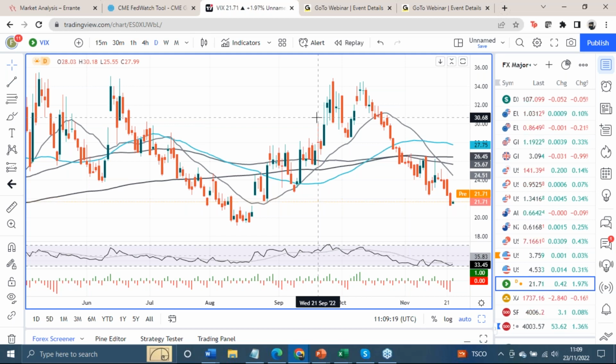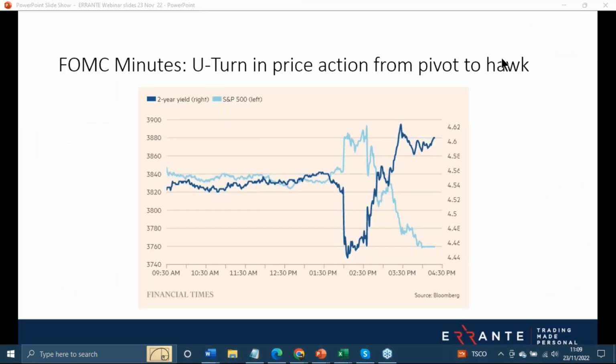As I said, the main event today will be the FOMC minutes. If we pull up this chart here, we can see the price action around that Fed meeting on the 2nd of November. If you remember, price action was quite notable during the meeting.